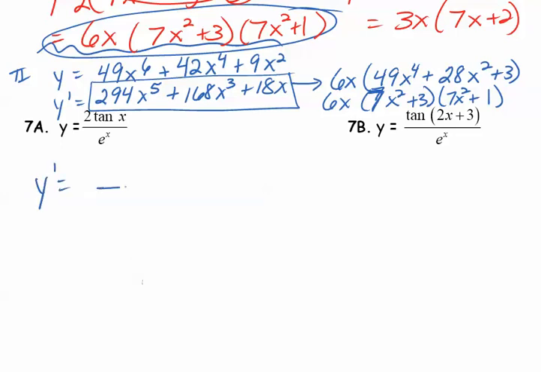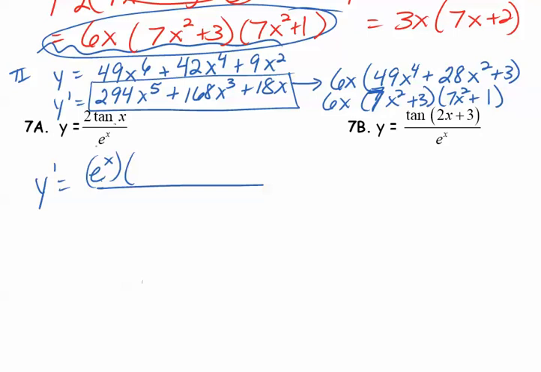So to find y prime, I'm going to do low d high, and by the way, you could bring that 2 out of the numerator and put it back in at the end of the problem. Depends which you like. Or you can just keep that 2 with the numerator.